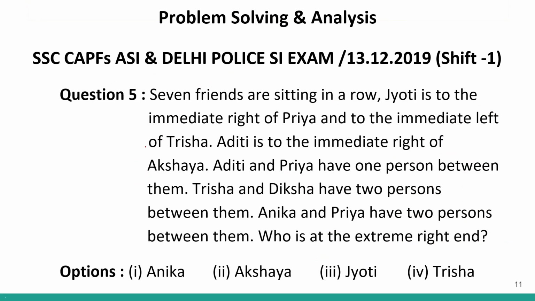Okay. Question number 5. This is a question on linear sitting arrangement. 7 friends are sitting in a row and the direction in which they are sitting is not given to us. So whenever direction is not given to us, we assume that everybody is facing towards the north side.